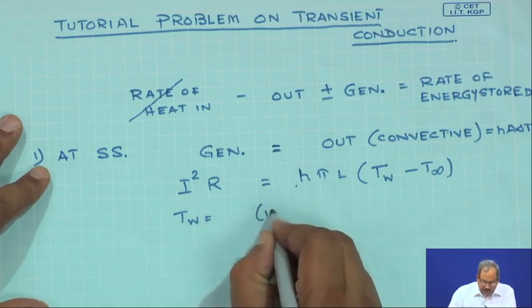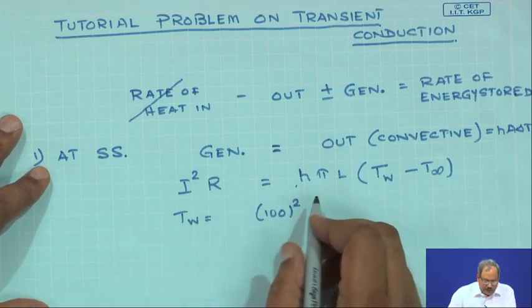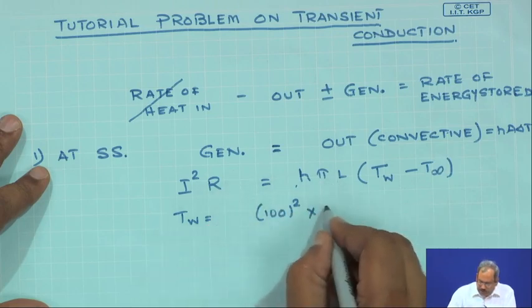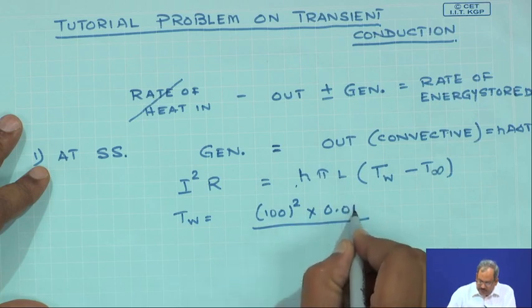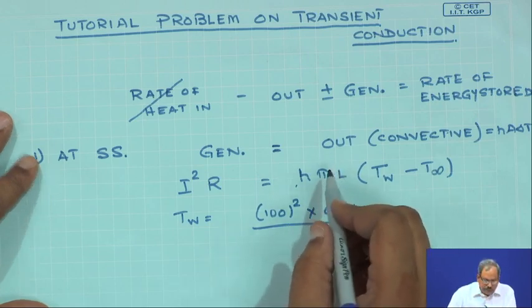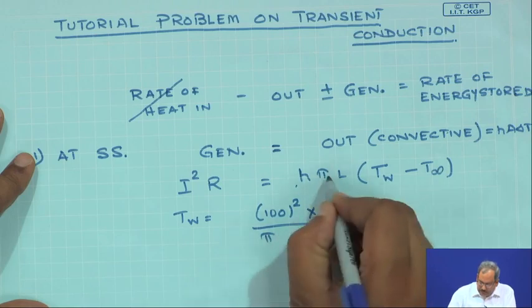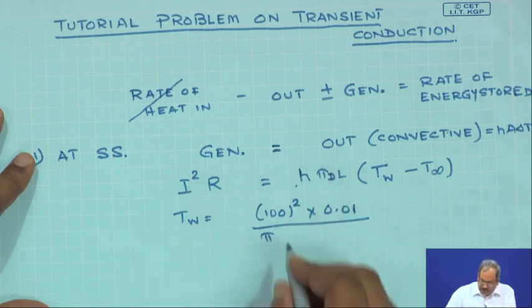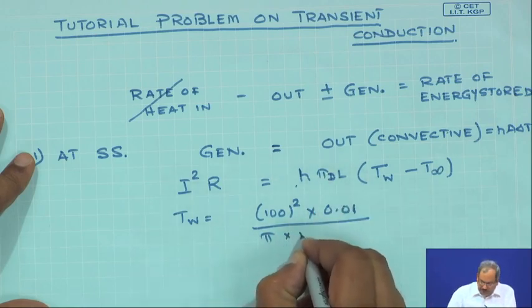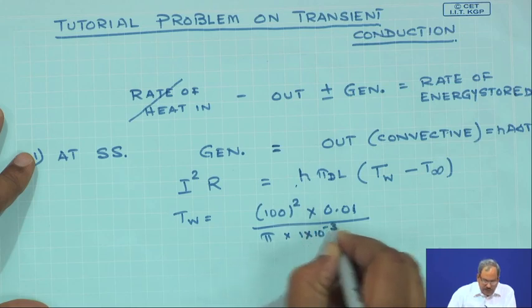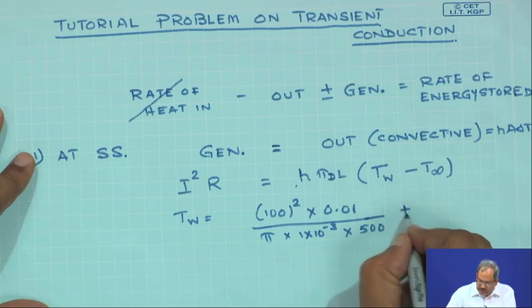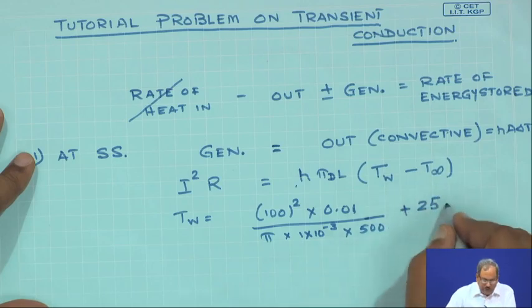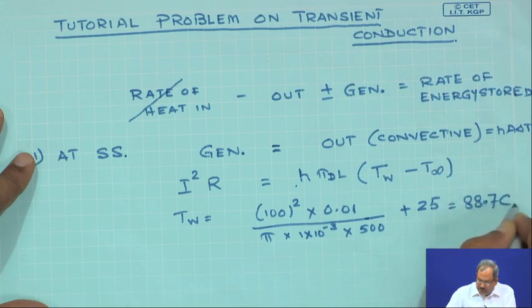I squared is 100 ampere squared, into R by L which is 0.01 ohm per meter, and pi times D, sorry, I missed a D over here, pi times D is 1 into 10 to the power minus 3, into h is 500, plus T infinity, which is given as 25. So, this should be about 88.7 degree centigrade.